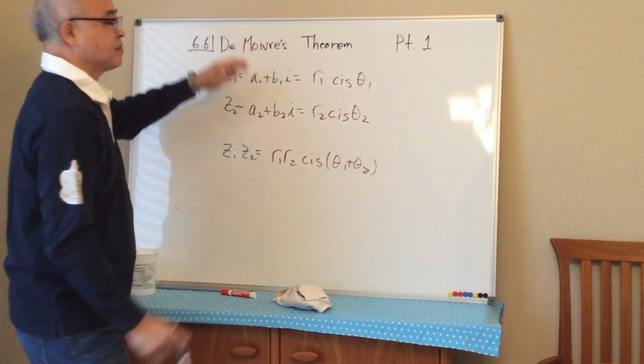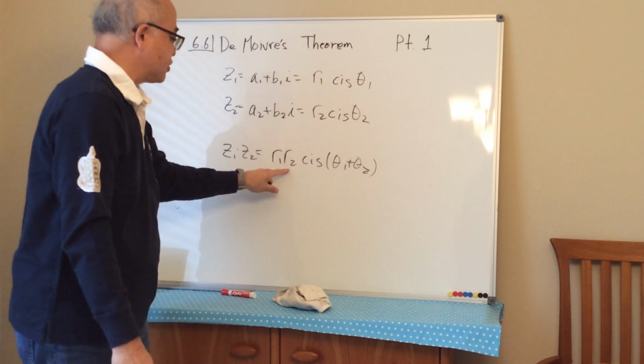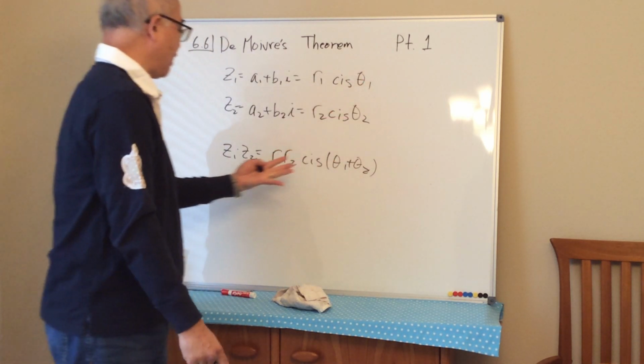Very neatly. This becomes very smooth. In other words, you multiply the moduluses together and you just add the arguments and then you're done.